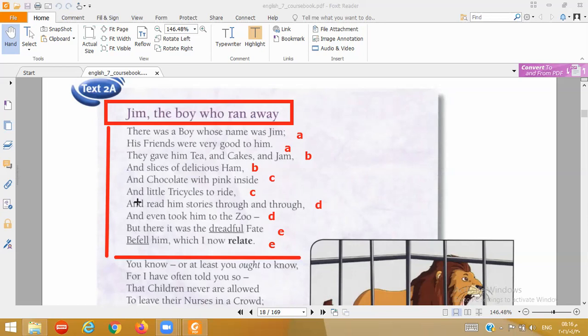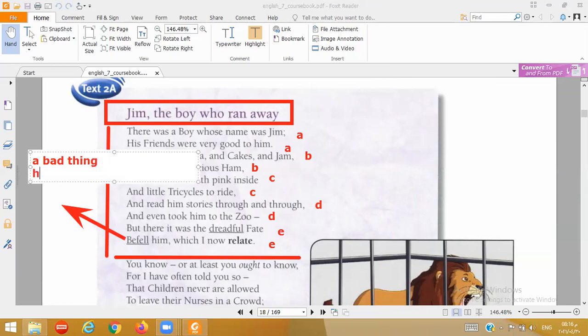So befell means a tragedy happened to him, a bad thing happened to him.